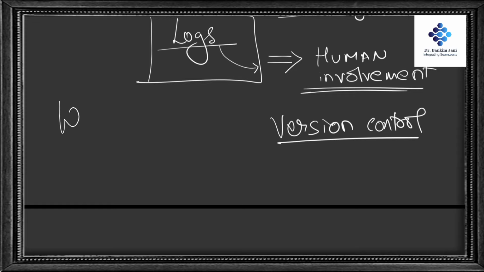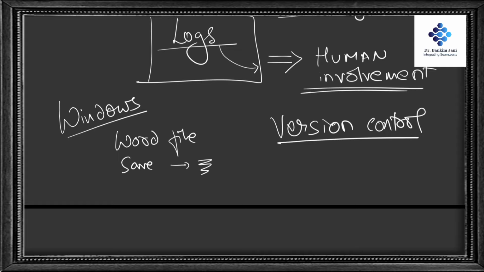Now in Windows, there is something like a provision that you create a Word file, right? You create a Word file, then you save it, and then you make some changes, once again you save it, you make some new changes, and then once again save it, again changes, and you save it. So finally you have got the same file, and then suddenly you realize, no, this was important, but I made the changes.